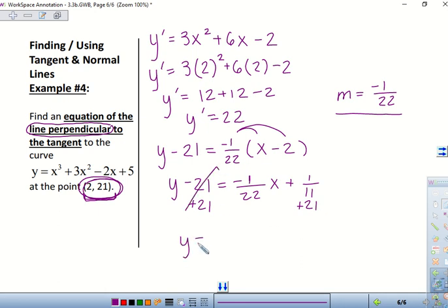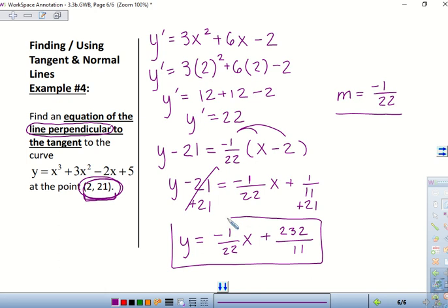That gives you y equals... Wait, why is it 1 over 11? Because you're multiplying negative 1... Oh, you already distributed, I see now. Plus 232 over 11 is your final answer. Yeah, I know, they just asked you in a more fancy way.